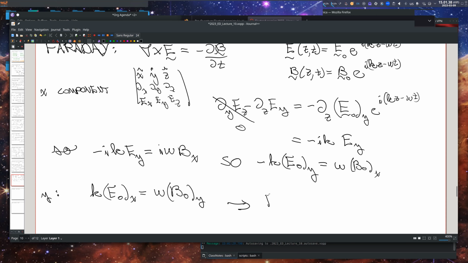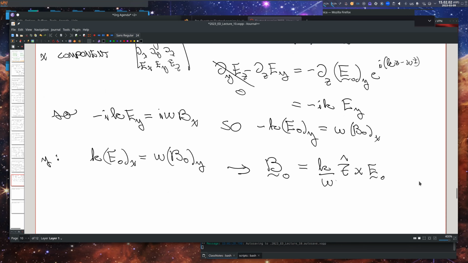You can just say that the B0 vector here is proportional to the cross product between the E0 and the z, with a coefficient here that is just this ratio k over omega that I have here.